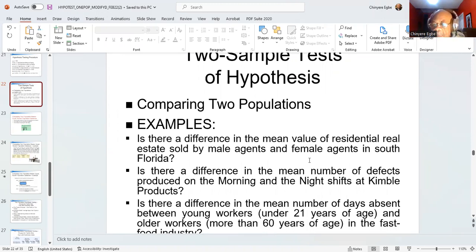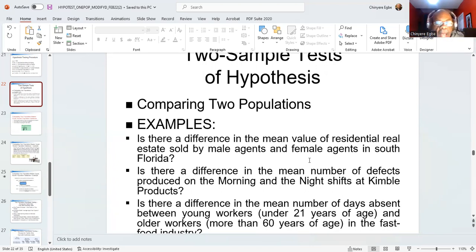Again, you are comparing two groups, male agents and female agents. Is there a difference in the mean number of defects produced on the morning shifts and night shifts at Kimball Products? So the morning shift and the night shift, is there any difference in the average number of defects?